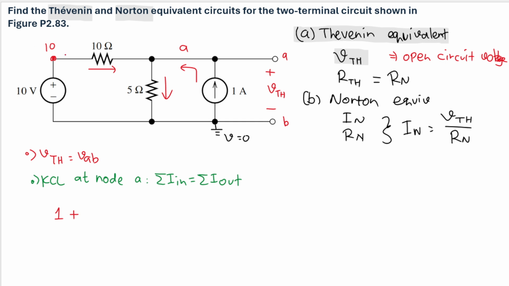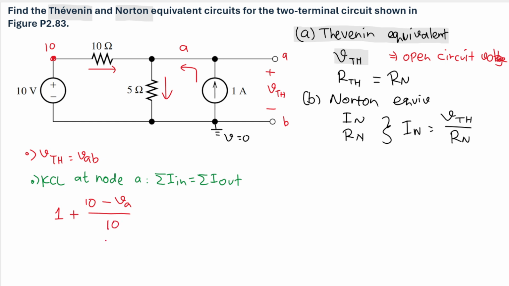We will have 10 minus VA. 10 is where the current comes from, which is this node, and then minus VA. VA is where the current goes to, because it goes from here to node A. So we'll have 10 minus VA, but here this is a voltage. To get current, we need to divide it by the resistance between them, which is 10.